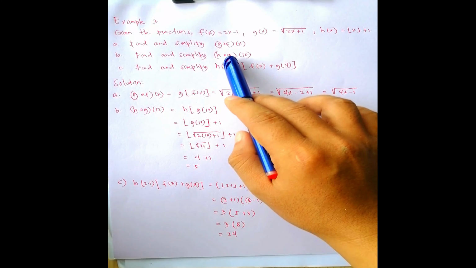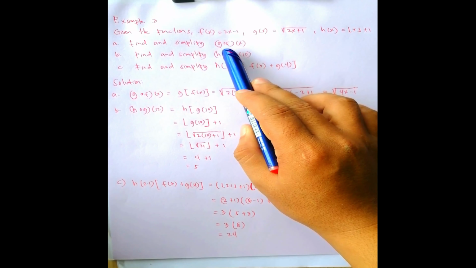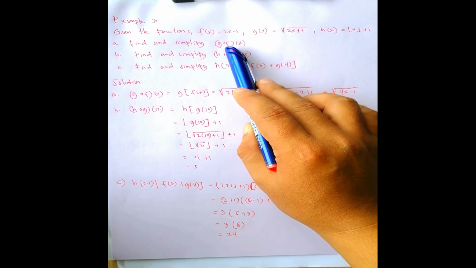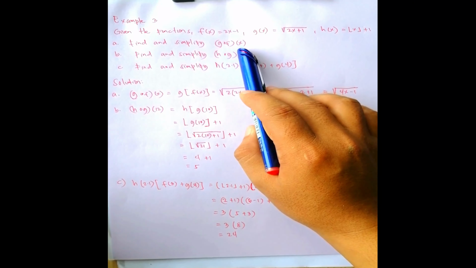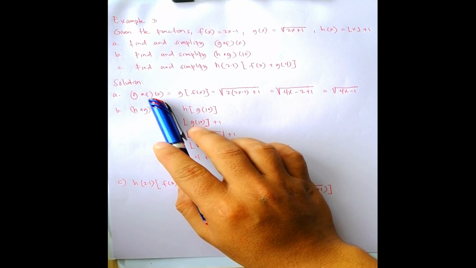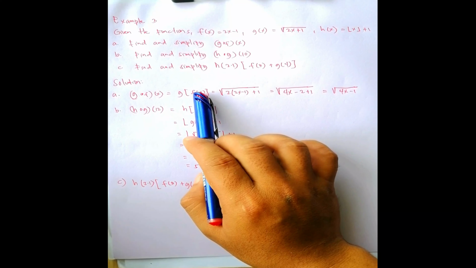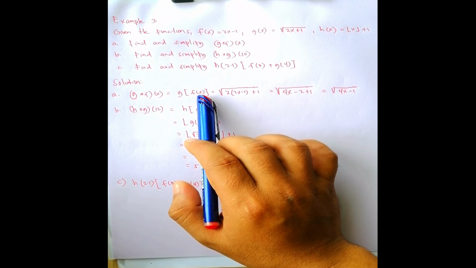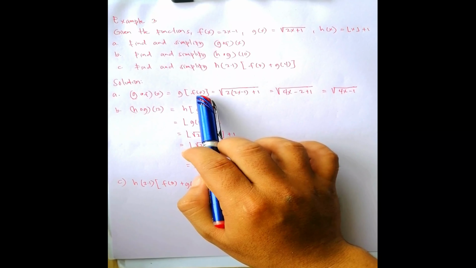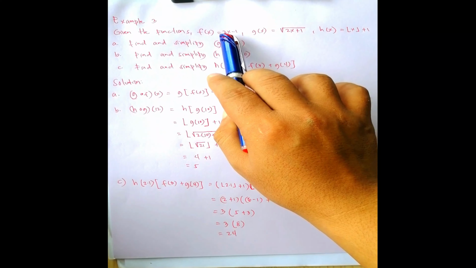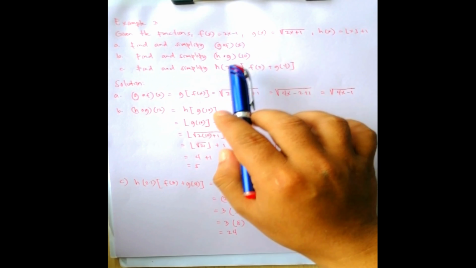For the solution, we need to calculate g circle f of x. So g circle f of x is the same as g of f of x. We need to substitute the value of the function f of x into the function g.